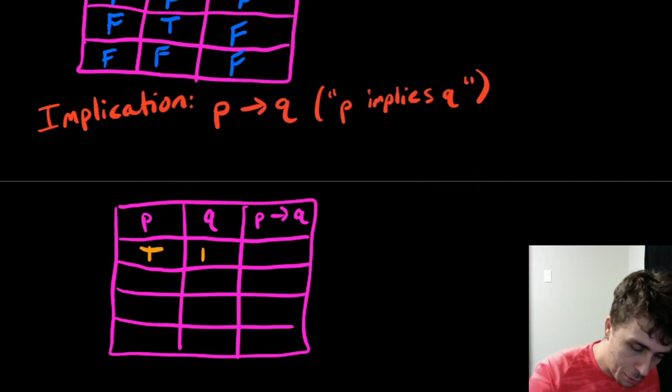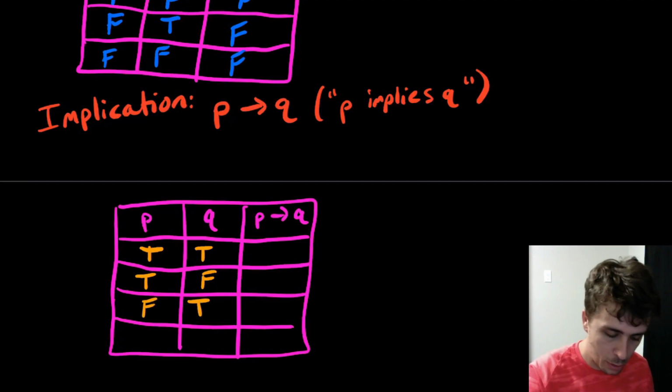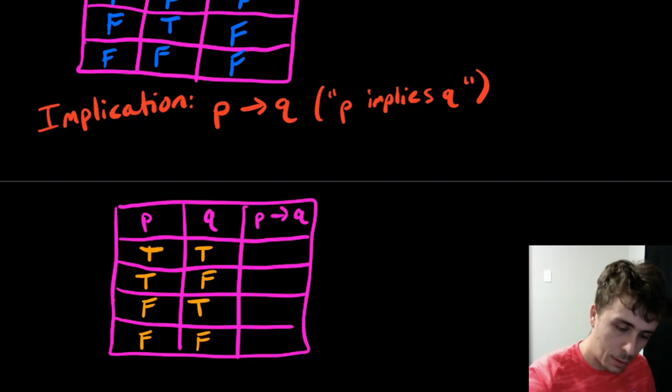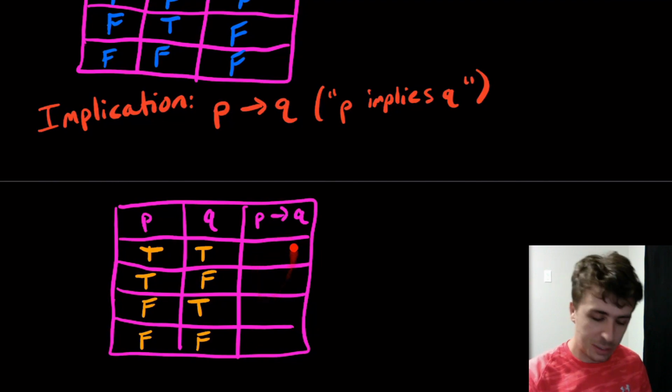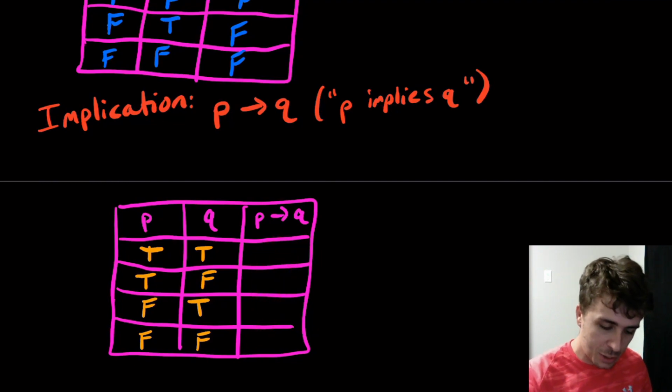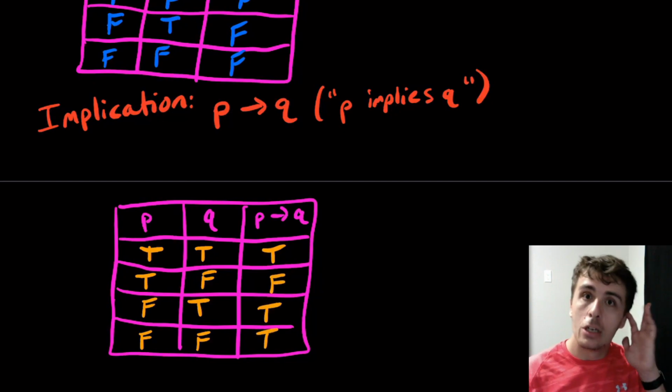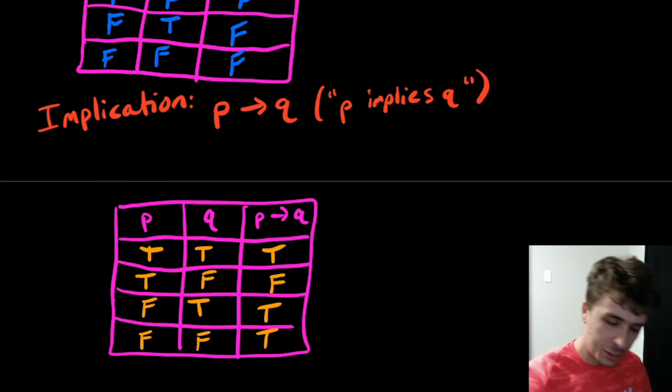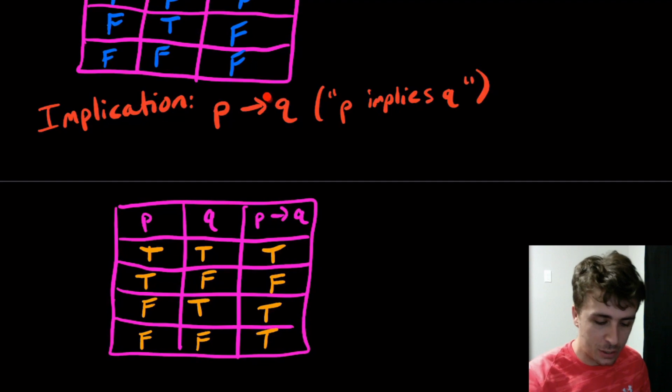So true, true, true, false, false, true, false, false. So what is this truth table going to be? It's going to be true here, false in this one, and true in the other ones. So the only case where it's false is when P is true and Q is false.